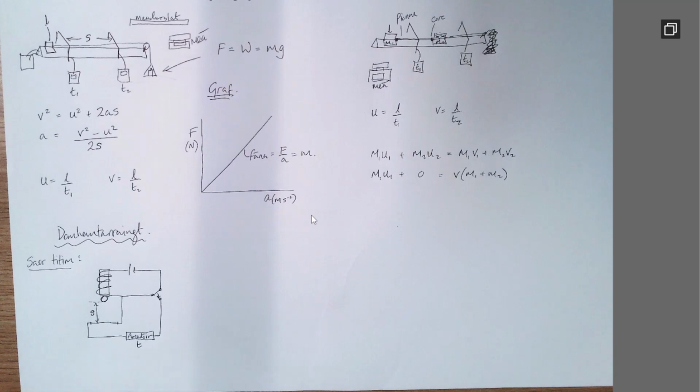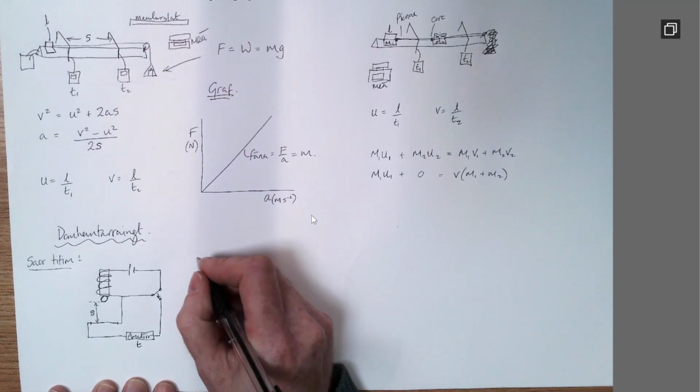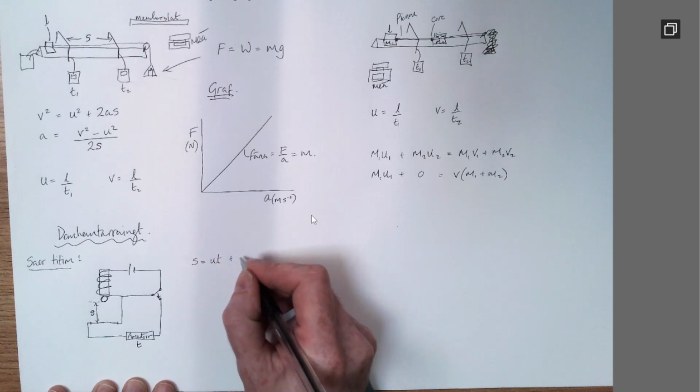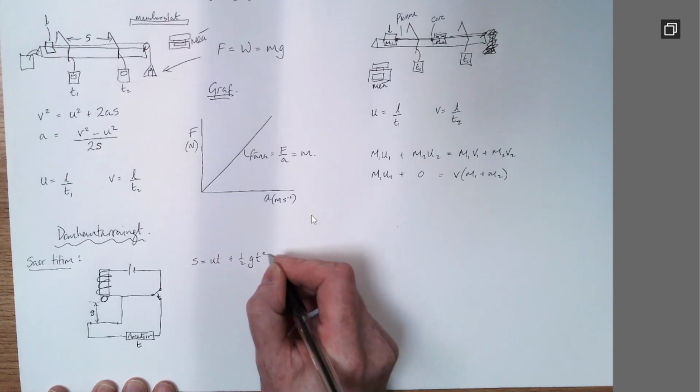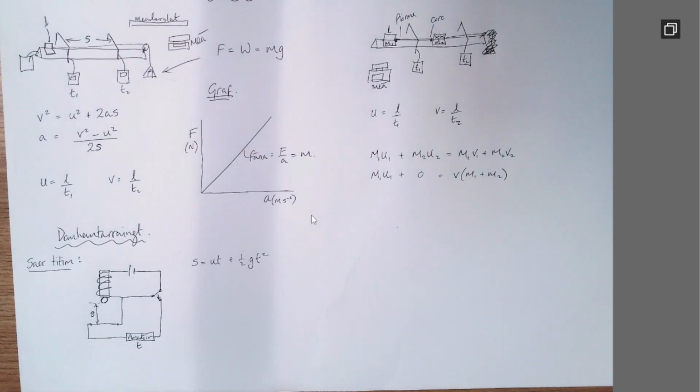We use the formula S equals UT plus half G T squared. Because it is free falling, U equals 0. What is the initial speed?